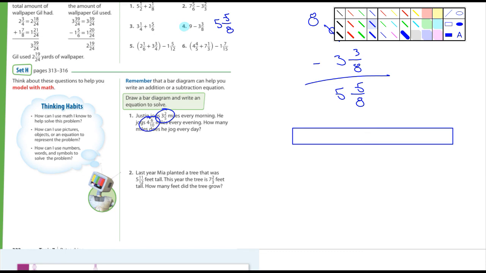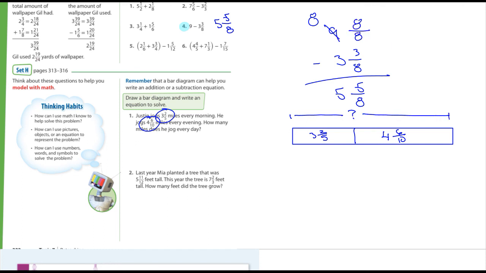How many miles does he jog every day? So a little bit smaller for the first one. We'll call that 3 2/5. And then this would be 4 6/10. And then all of this, we don't know what it is if we were to add them together. So there's your bar diagram for number 1.